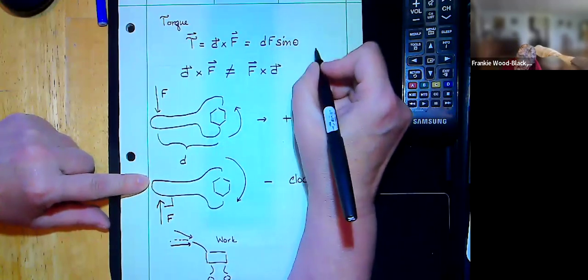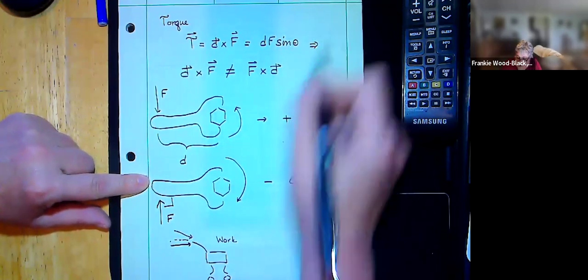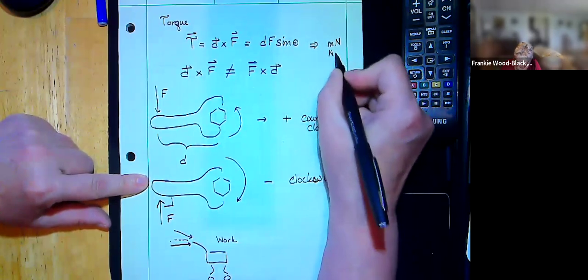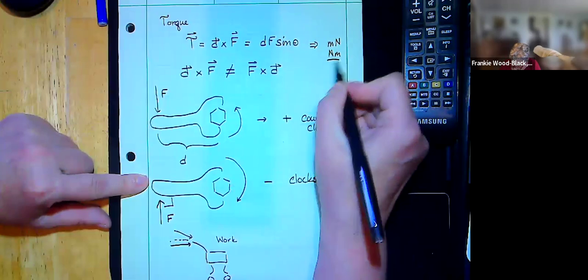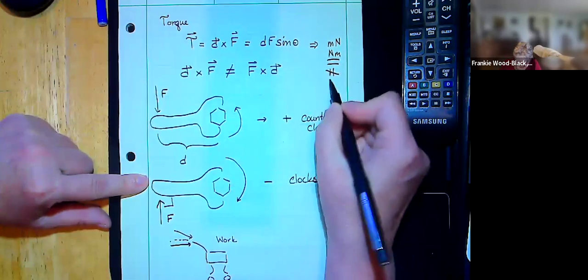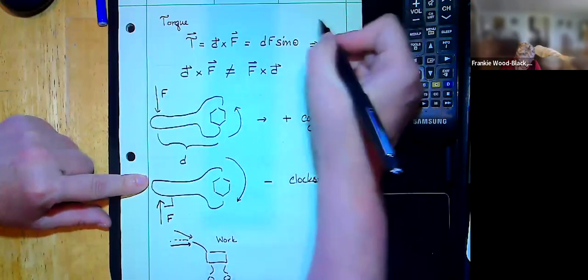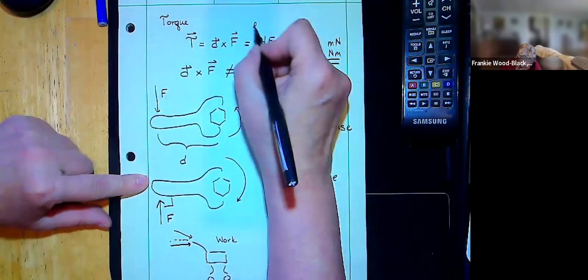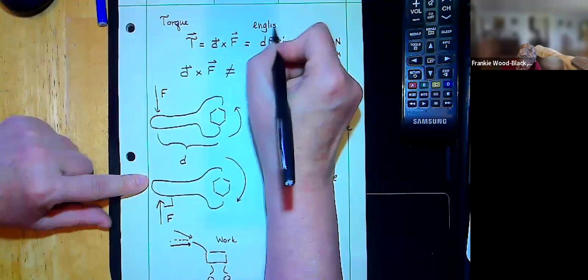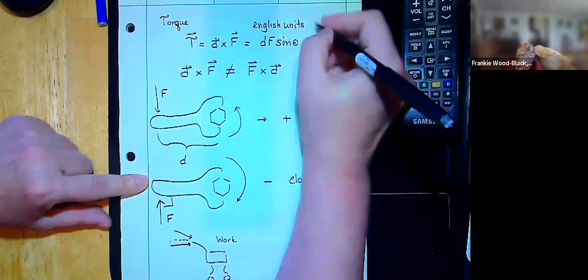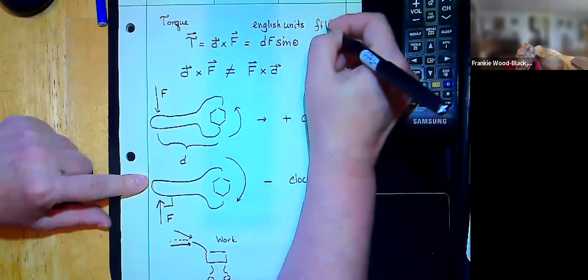Now, our units are going to be meters, newtons, but we usually write them as Newton meters. And this is not a joule, because we've seen this before. If I'm in English units, this is going to be in foot pounds.